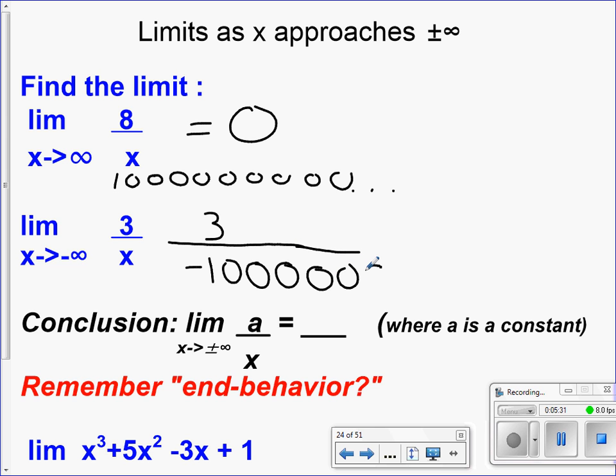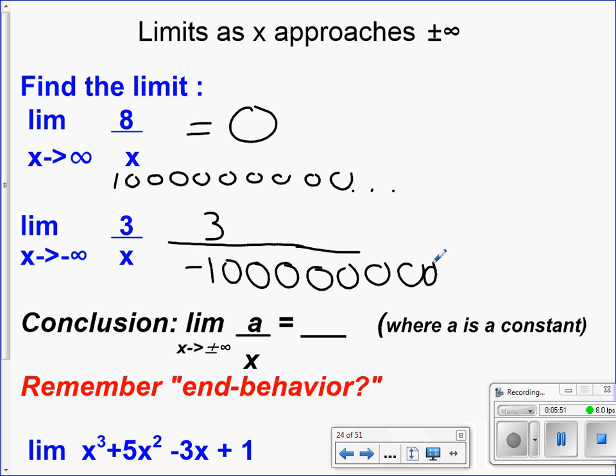See what's happening with these values? As the denominator gets larger and larger in the negative sense, what's happening to the values? It's 3 over negative a million.